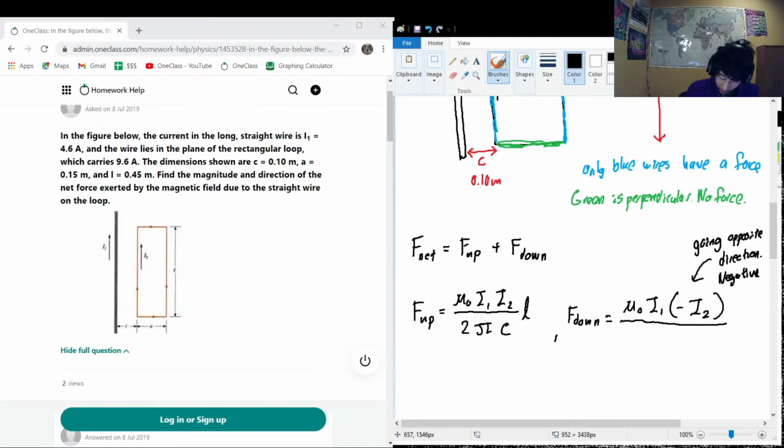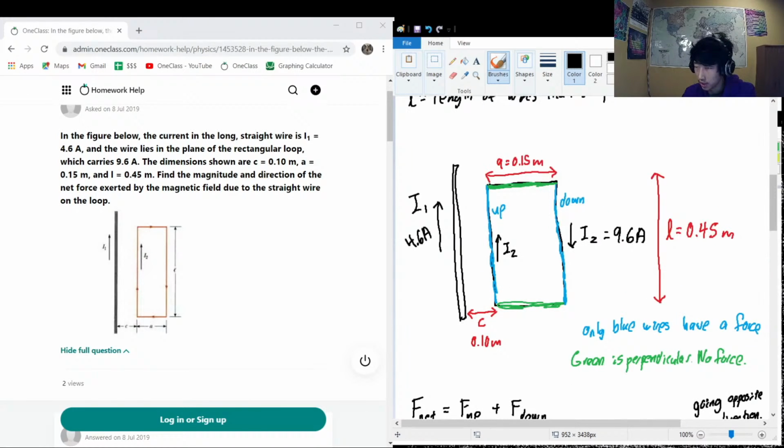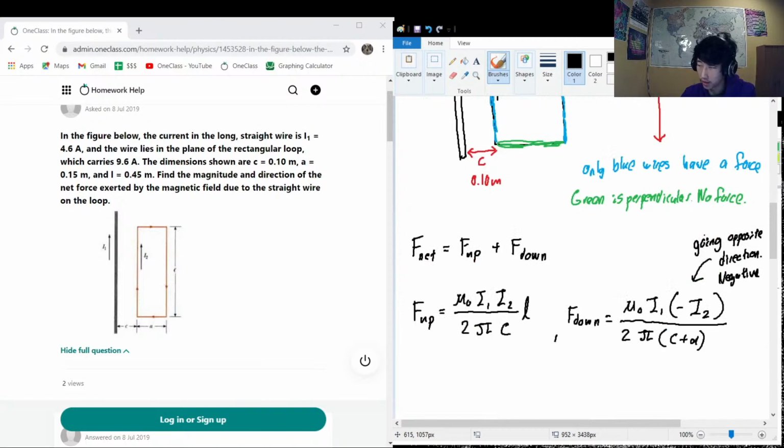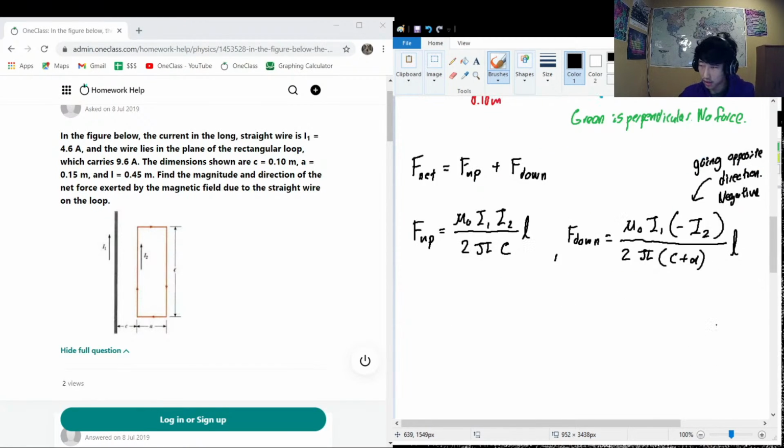On the downstairs we have 2 times pi, constant and mandatory, but instead of just C, we have C plus A. The reason is that the distance between the down section of the loop and I1 is A plus C. The length they are parallel over is also L, the same as here.